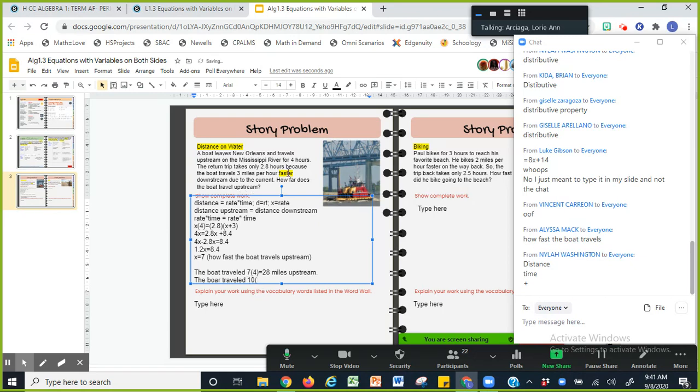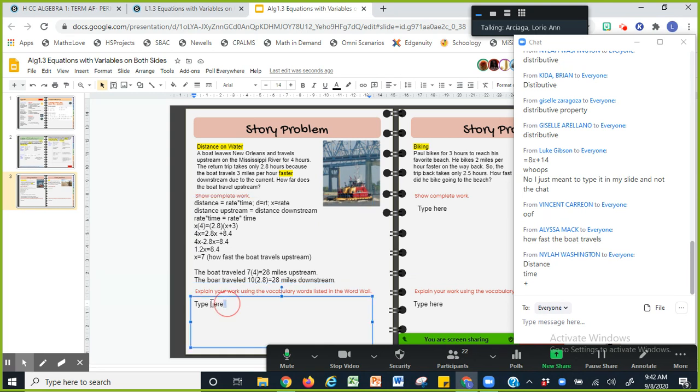And the time downstream is shorter, it's 2.8. Now you can see that that's also equal to 28, right? Although that's not what they're looking for, it's worth mentioning that you can verify your work: the boat traveled the same distance either going upstream or downstream. What changed is the rate, because it traveled faster going downstream.